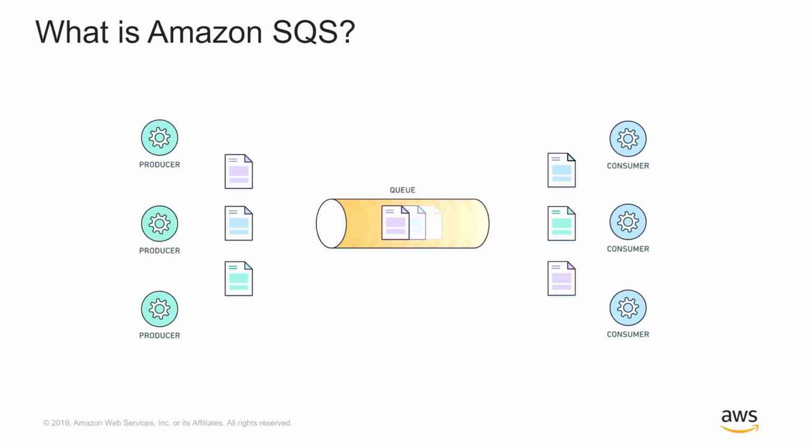A queue becomes an elastic buffer that can accumulate as many messages as needed. And on the right-hand side of the diagram, you can see that the system receiving messages is called the message consumer, and they get to react to the received messages in whatever way they like.